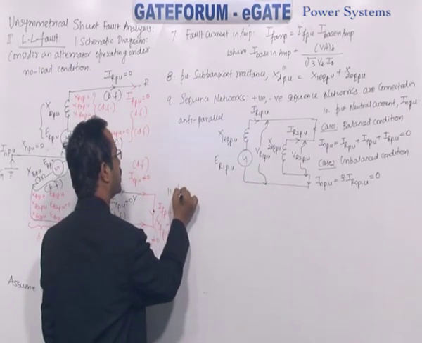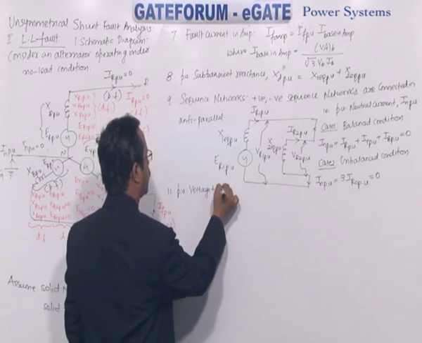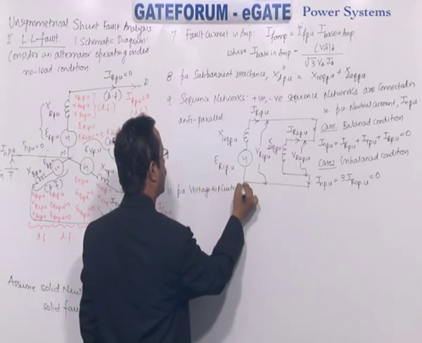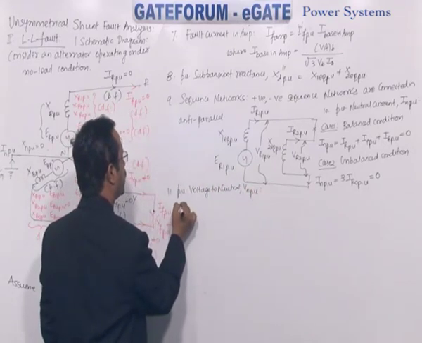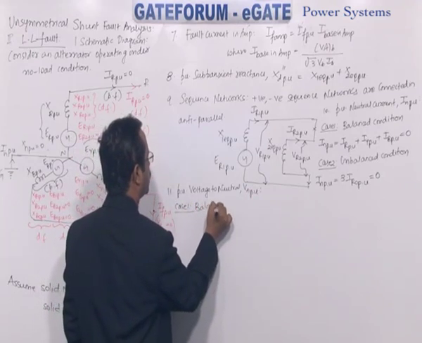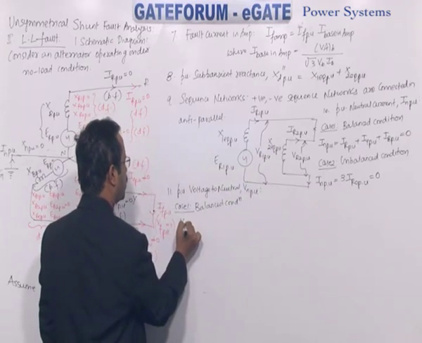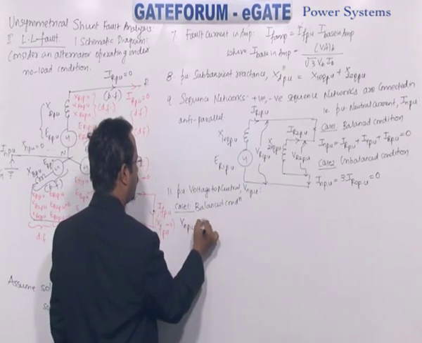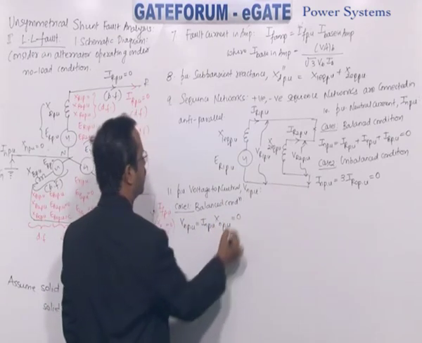Now we check the next one, the per unit voltage to neutral. So VN per unit. We deal with case 1, balanced conditions. What is the VN per unit formula? IN per unit into XN per unit.